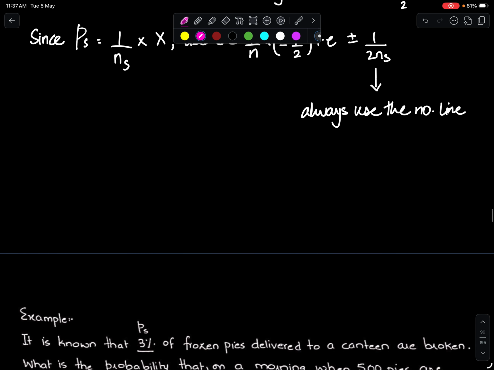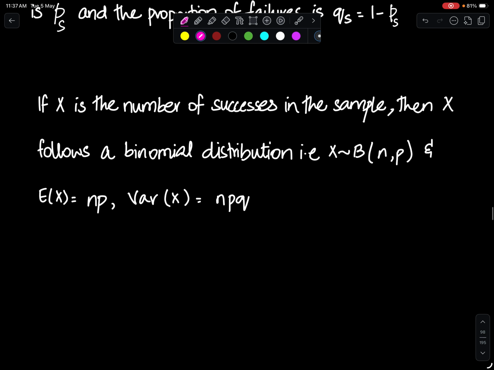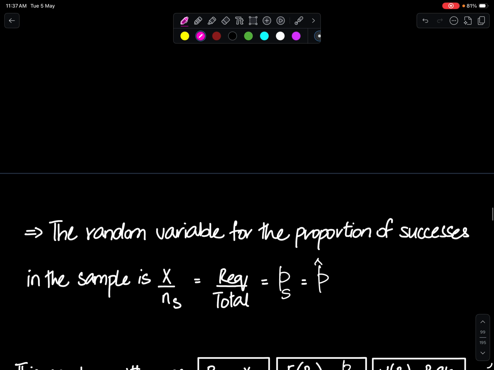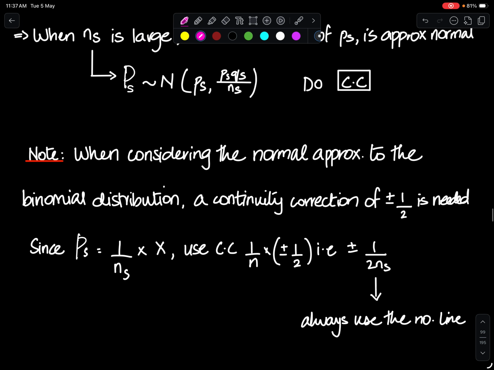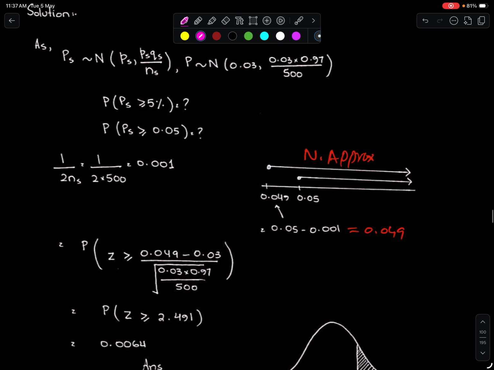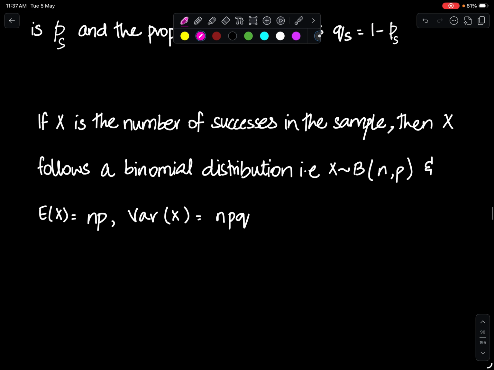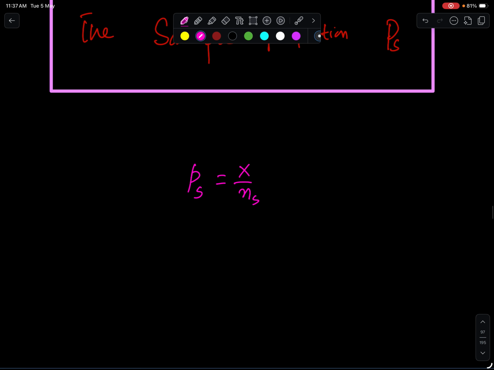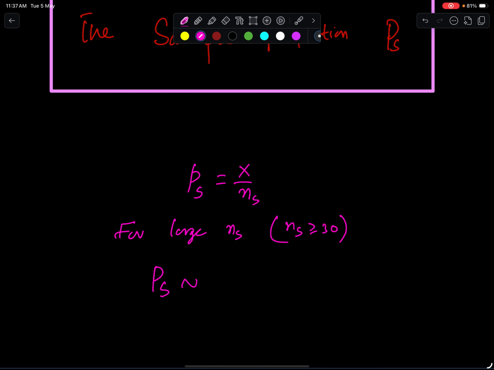And for large n, greater than or equal to 30, Ps is approximately normal, with mean p and variance pq over n.